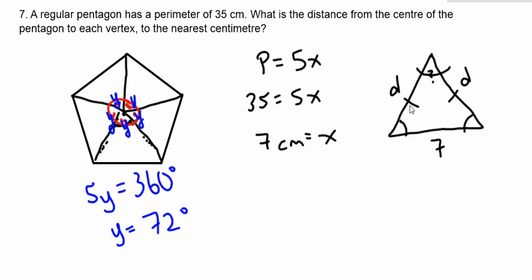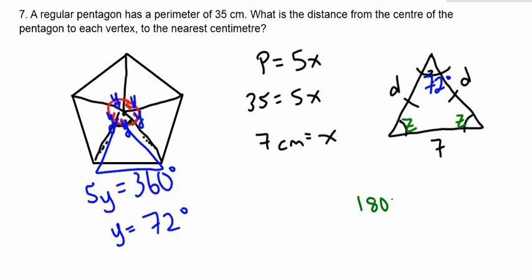So if I look back at my simple triangle, I know now that this angle is 72 degrees. And that's helpful because I can now tell you all of the angles in this triangle, because this angle here is the same as this angle here. So I'm going to call this angle Z, and therefore this angle Z, and calculate what angle Z is.